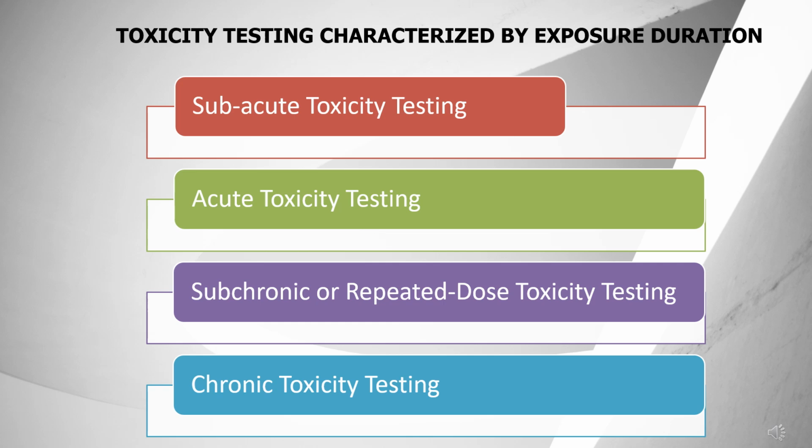Animals per sex per group should normally be used at each dose level, while for non-rodents, a minimum of 4 per sex per group is recommended. At least 3 dose levels should be used in addition to the concurrent control group, and the frequency of exposure normally is daily but may vary according to the route chosen.